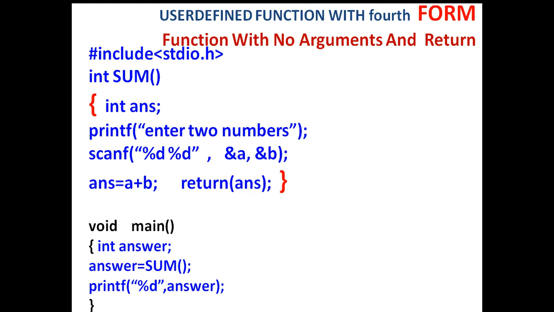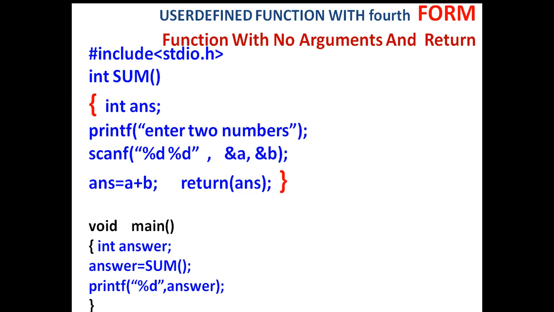And a function can only return a single value. So this is the function of the fourth category, which will not receive any value, and it will always return one value.